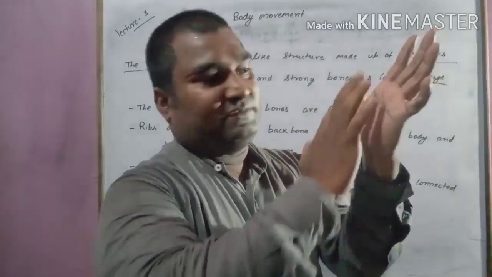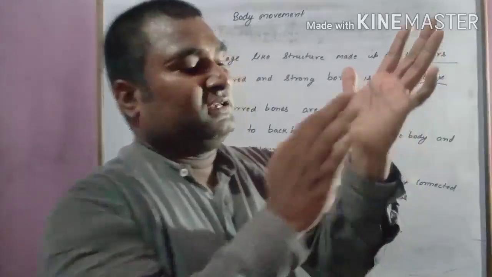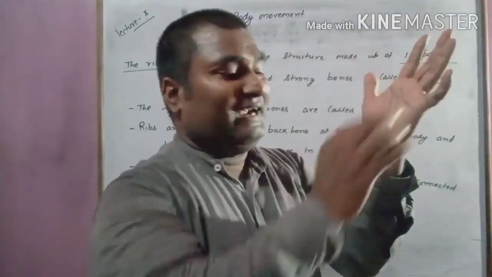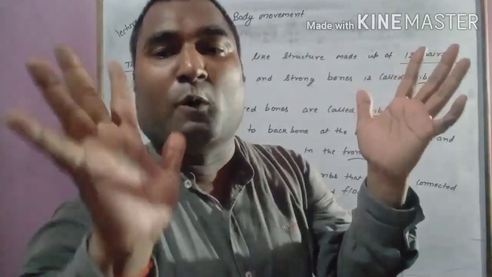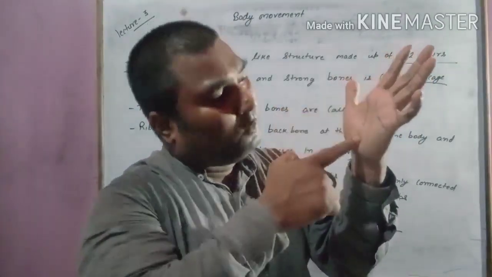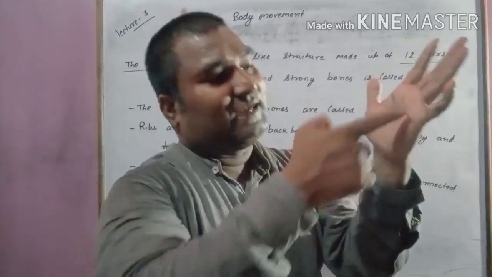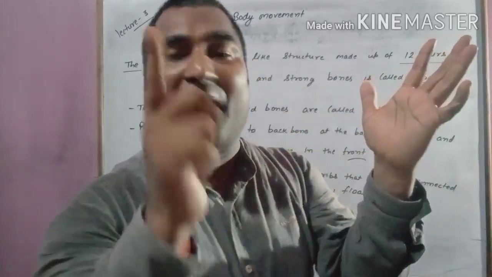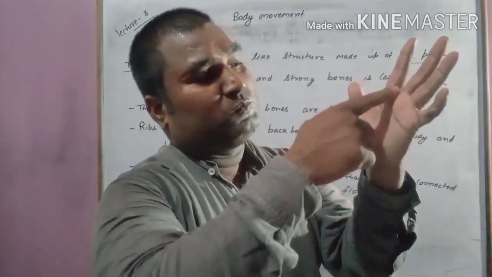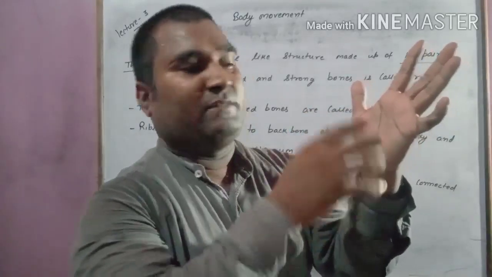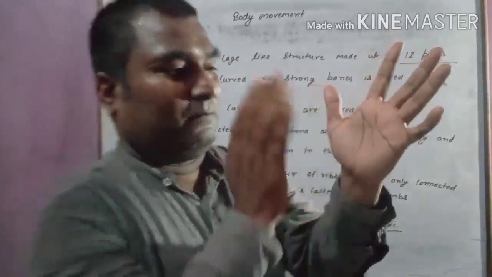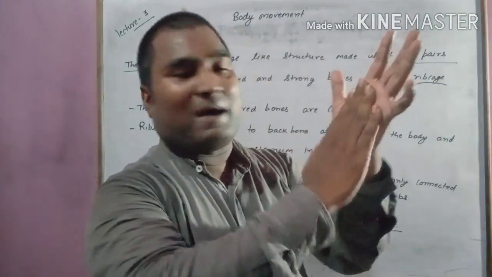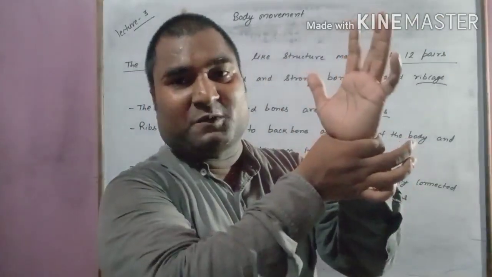This is called the palm. One end of the wrist consists of 5 long bones, which together make the palm: 1, 2, 3, 4 and 5. On one side the palm is connected to the wrist.